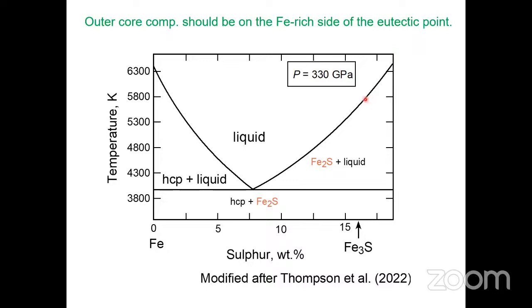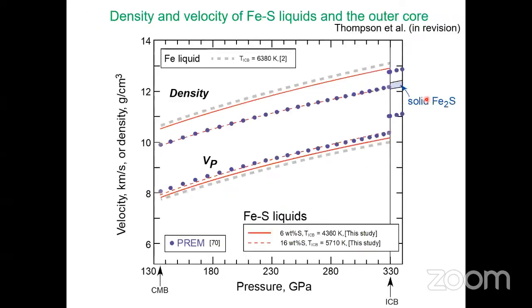So if you crystallize Fe3S composition, the crystallizing phase is Fe2S. Then we estimated the possible density range for Fe2S, and that's comparable to the Fe3S outer core density. This is not nice, because to explain the inner core density, the crystallizing phase must be much denser than Fe2S.